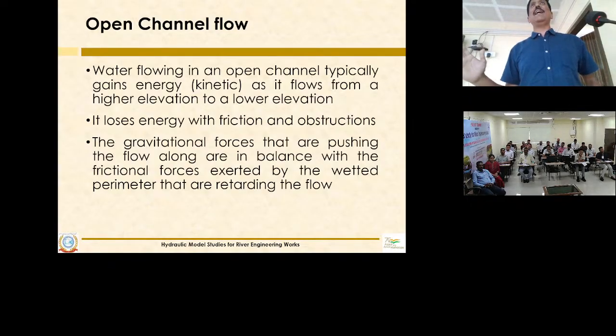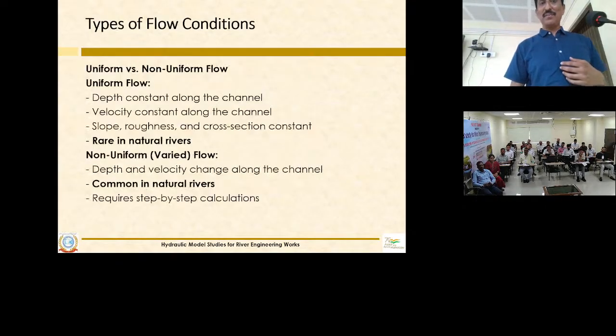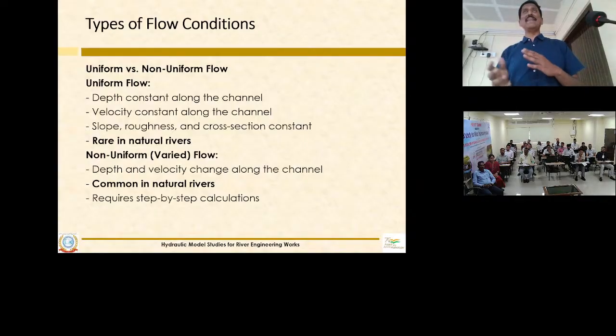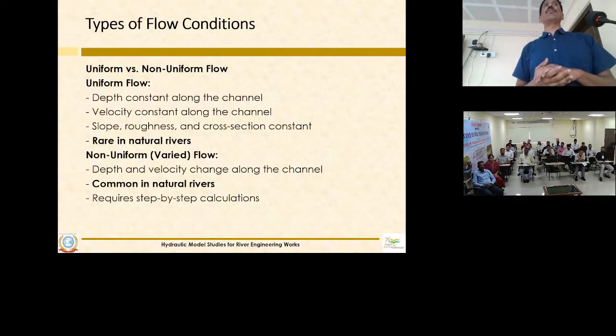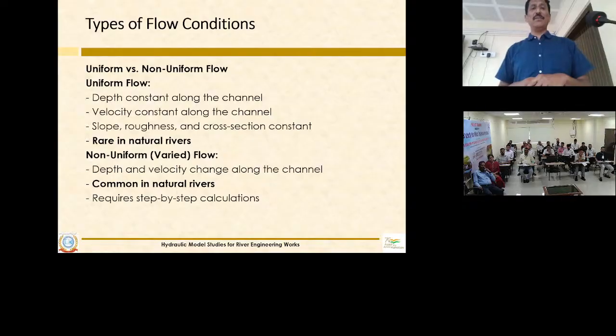This causes it to retard. When the accelerating force is balanced by the retarding force, we can say the flow is uniform flow, because both are exactly matching. But in nature, it's very difficult to match both conditions, that is, the forces causing the flow and retarding the flow.